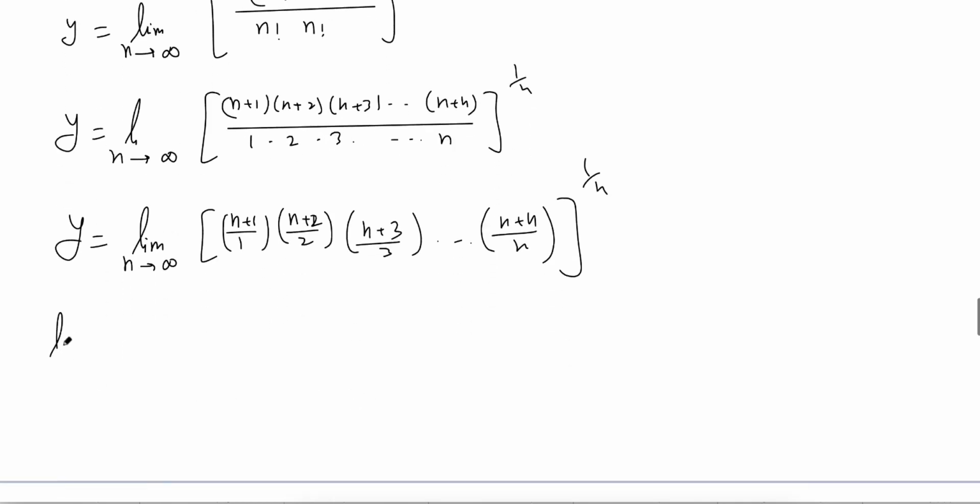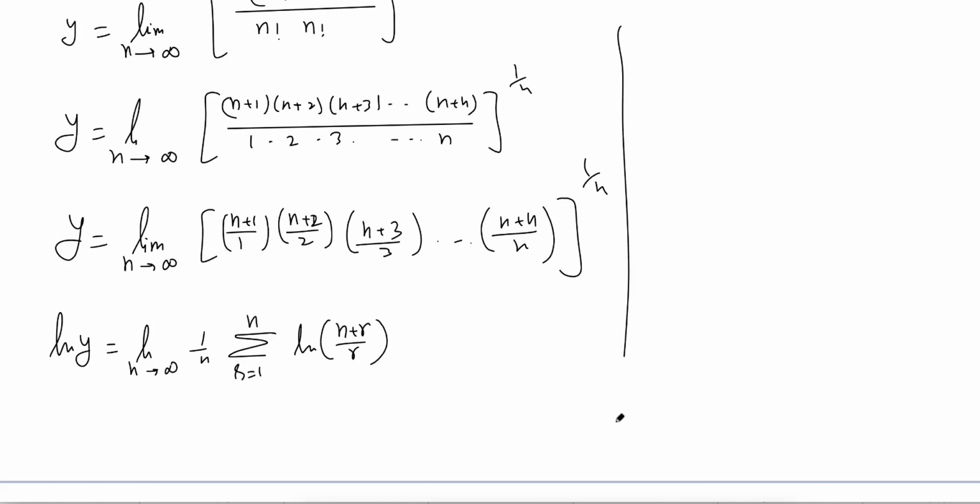If I take log, I will get ln y equal to limit n tending to infinity 1 by n. Watch carefully: ln of this plus ln of this plus ln of this. So I can write sigma ln of n plus r by r, r equal to 1 to n.